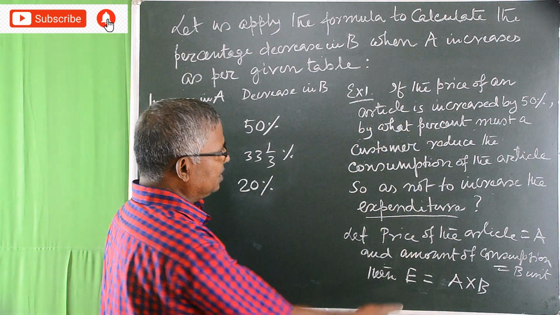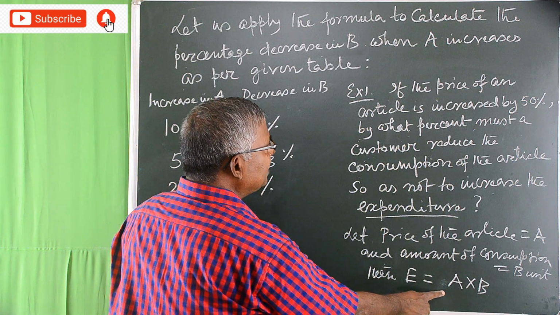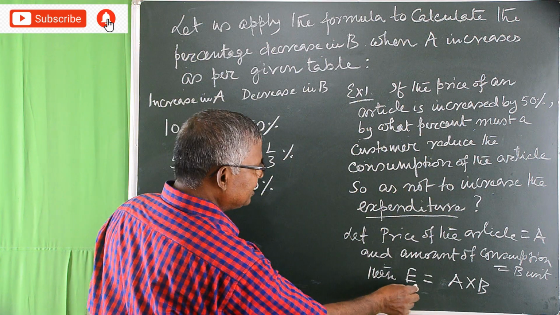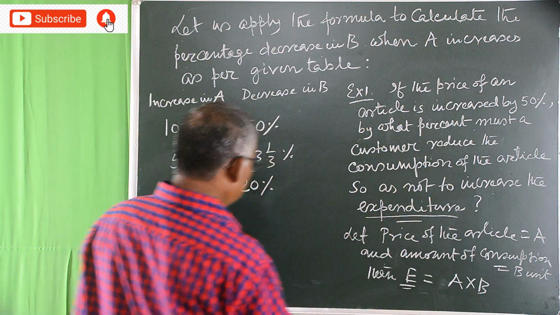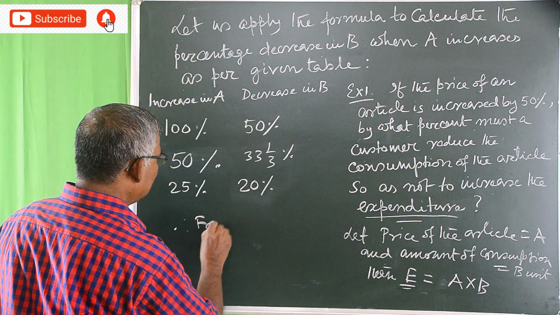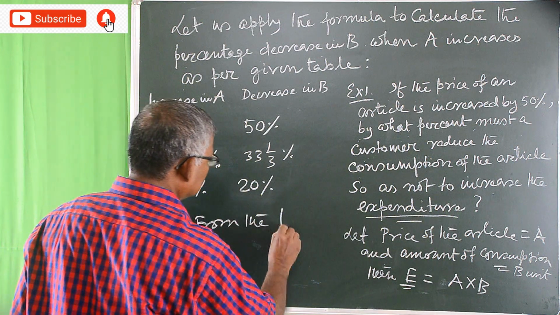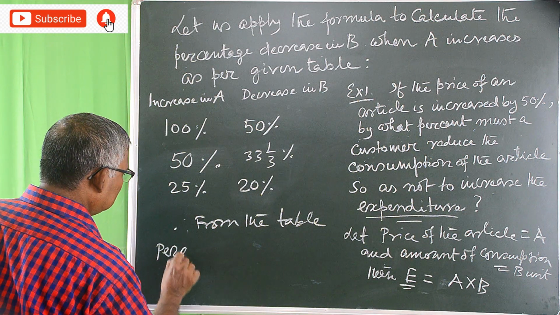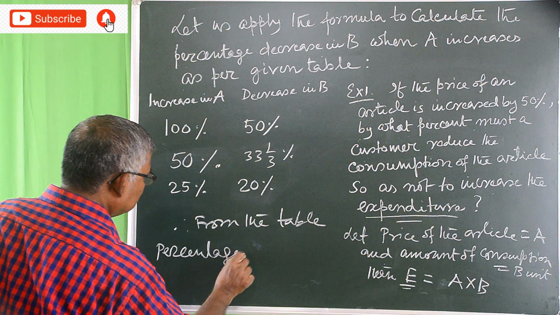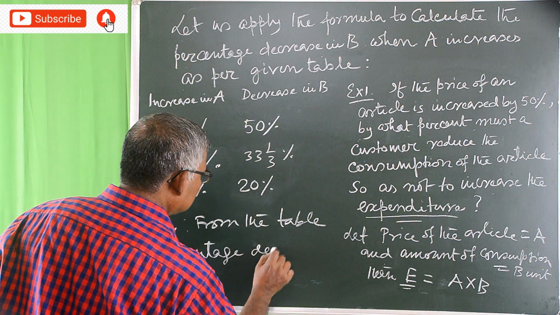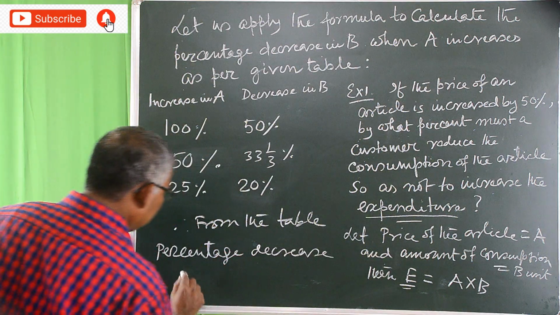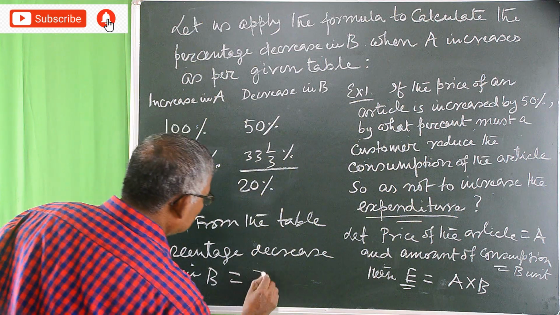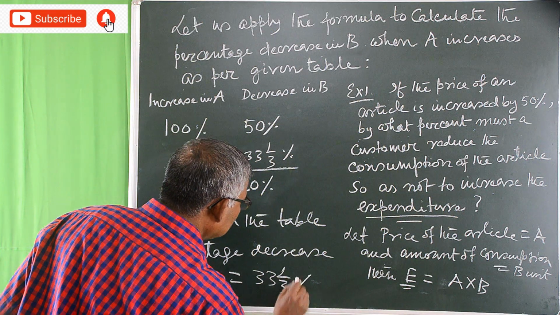Students, given that the price A is increased by 50% and expenditure is fixed, therefore from the table percentage decrease in B equal to 33 whole 1 by 3%.